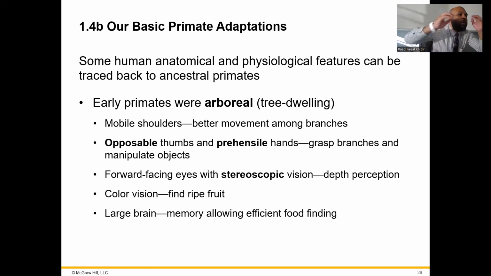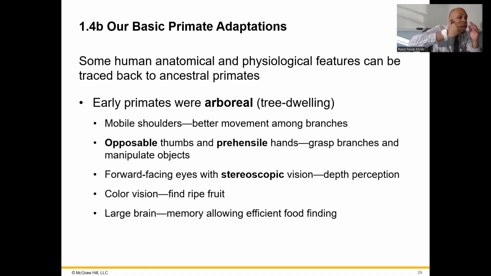And then we developed forward-facing eyes. So our eyes are not like the fish, they are on the side. Human beings have their eyes really in the center. We don't have peripheral eyes, we have central eyes, and that has evolved to help us survive.